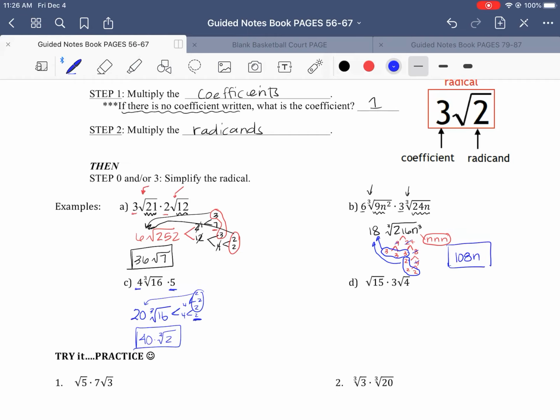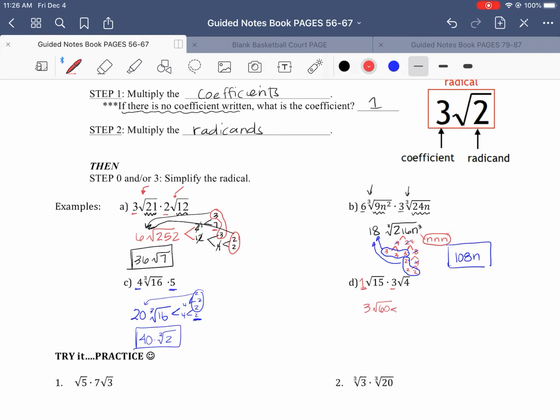Okay, D is another example where this time instead of not having a radicand or a radical, it looks like there's not a coefficient. But remember, if there's not anything written there, the coefficient is 1. So we essentially do 1 times 3, our coefficient. So we get 3. And then you have 15 times 4. So in this case, it looks like we have the square root of 60.